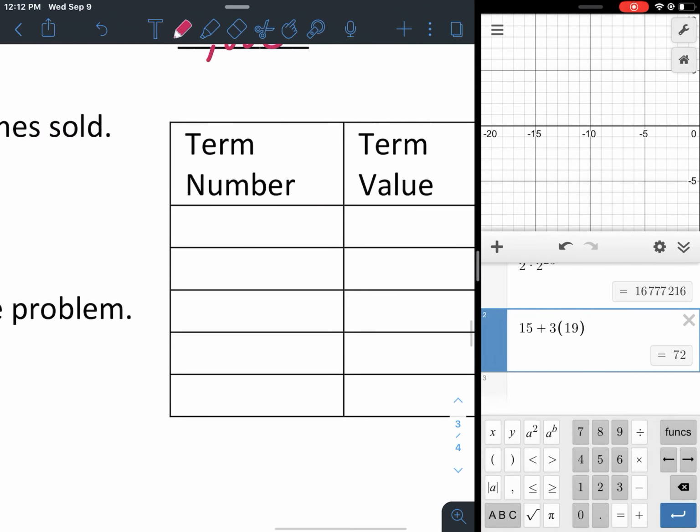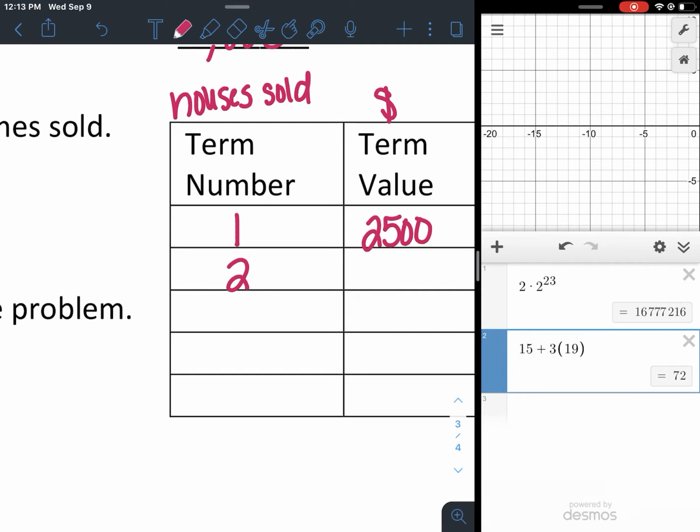Create a table of values to represent the first 5 homes sold. So they said the first house, this is houses sold. So after your first house, you make $2,500. That's what they told us. Then each additional house, so house number 2, we're making $1,100 on top of that first house. So $2,500 plus $1,100 is $3,600.